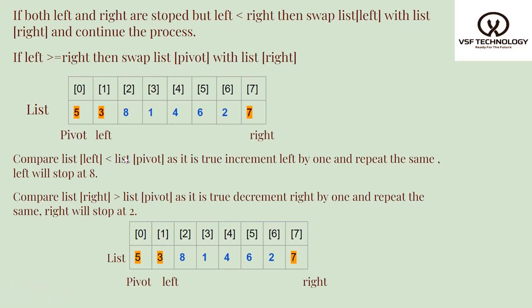Compare list[left] less than list[pivot]. As it is true, increment left by 1 and repeat the same. Left will stop at 8. Compare list[right] greater than list[pivot]. As it is true, decrement right by 1 and repeat the same. Right will stop at 2.